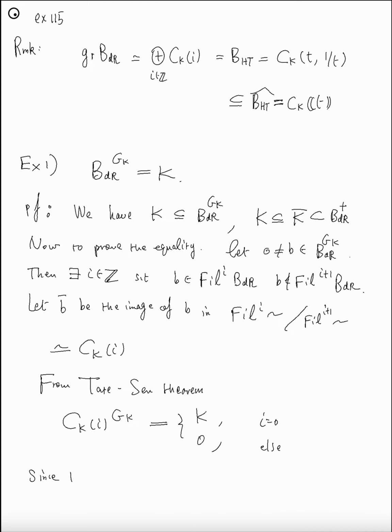And now this b bar is in C_K(i). b is fixed by G_K, and b bar is fixed by G_K, and so this is either 0 or inside K. But b is not 0, and the fact b is inside Fil^i but not in Fil^(i+1) tells you that b bar is not 0. At this time, i must be 0 itself.